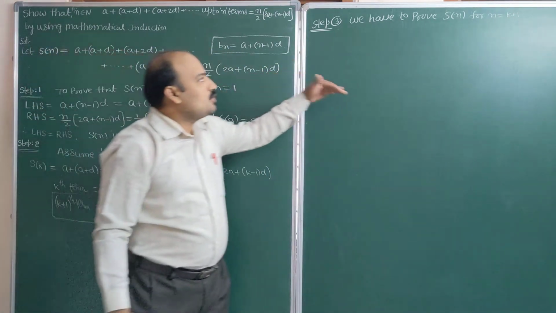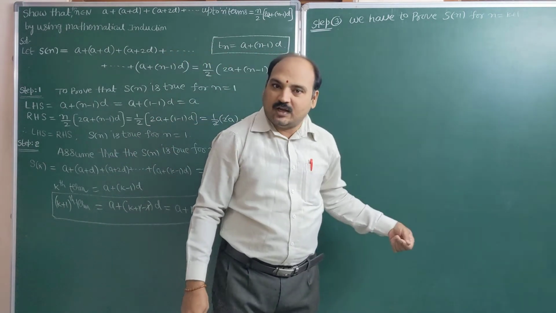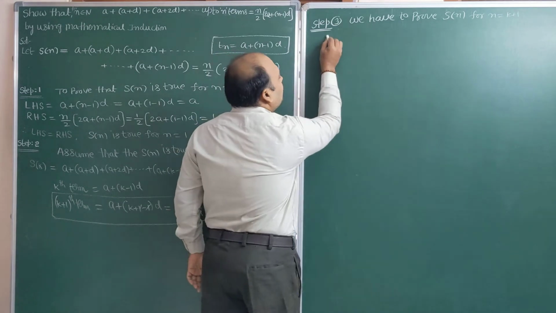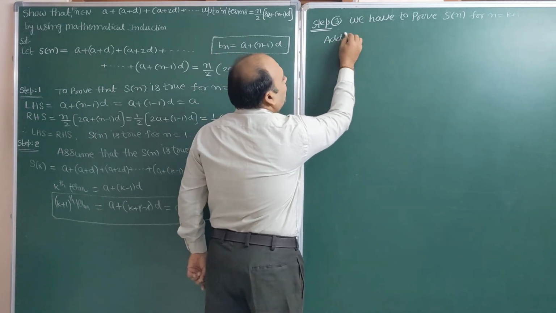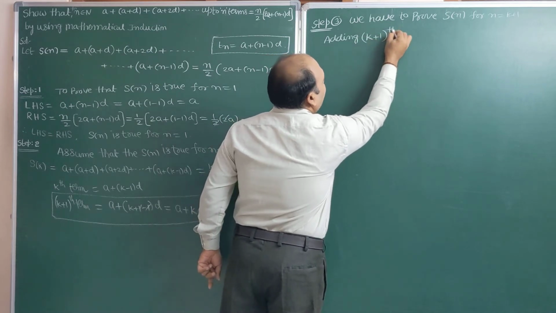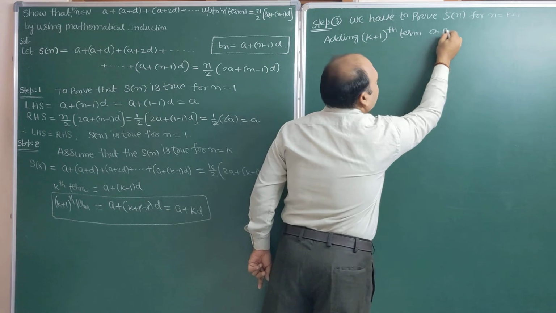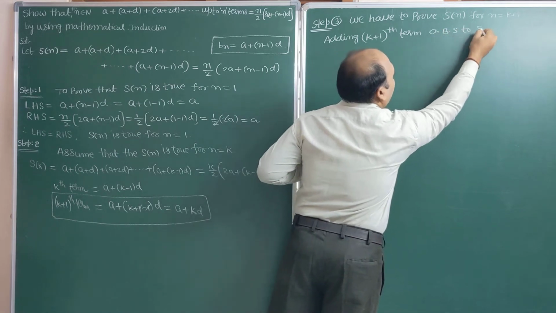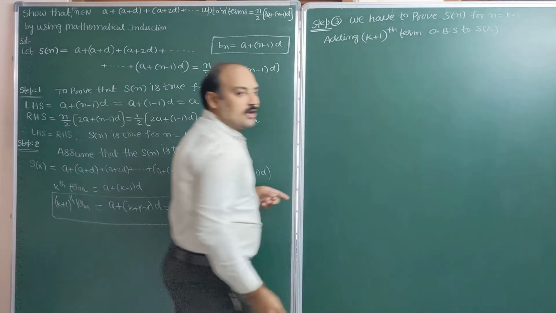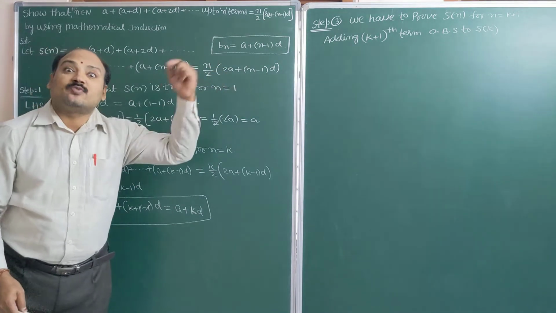Whenever you are going to prove the given statement S of n for n equal to k plus 1, add the k plus 1th term on both sides to S of k. This is S of k. For this, we have to add the k plus 1th term to both sides.